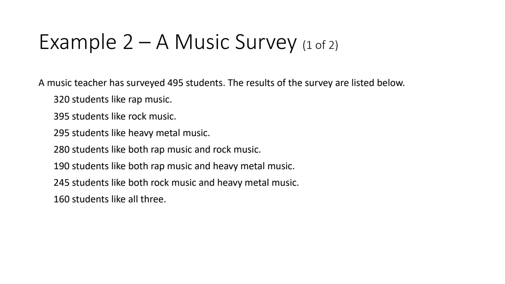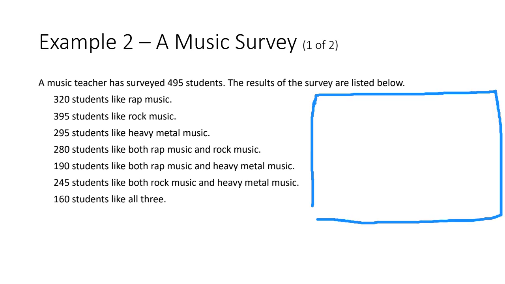And we need to determine how many circles we are going to need. So we have to go back to the problem and see what the categories being discussed are. We have rap music, rock music, and heavy metal.